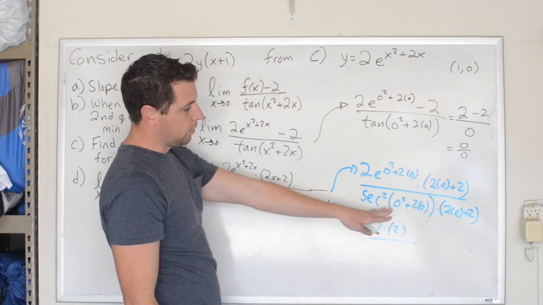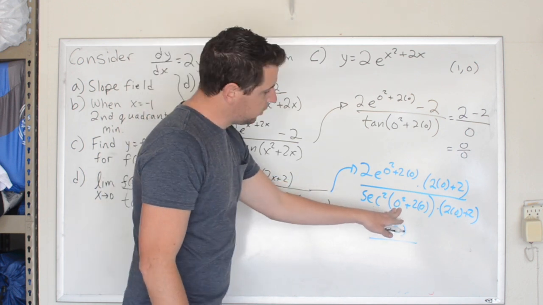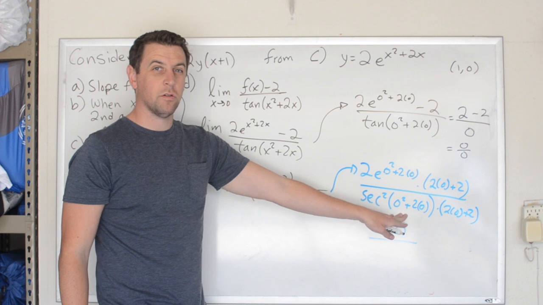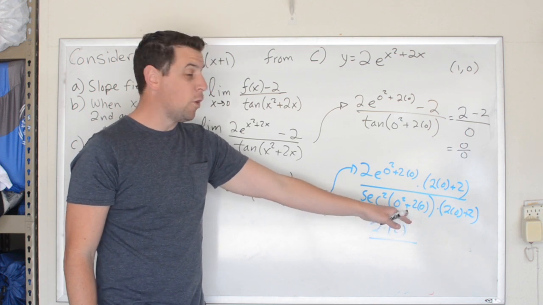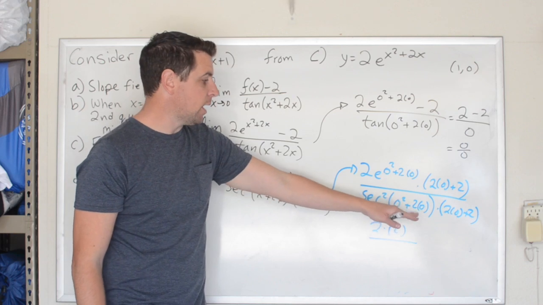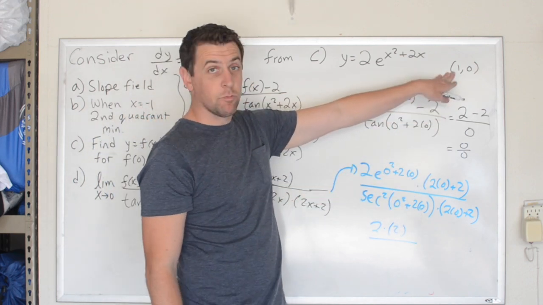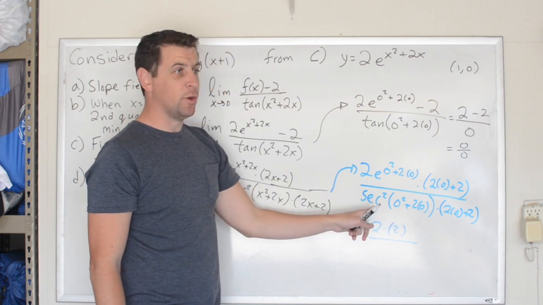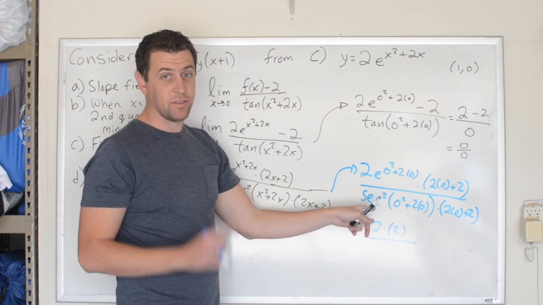In the denominator down here, 0 squared is 0, plus 2 times 0 is 0, secant squared of 0. Remember, secant is 1 over my x value, or 1 over cosine. The x value at 0 radians is 1. And so secant is 1 over the x value, so 1 divided by 1 is still 1.